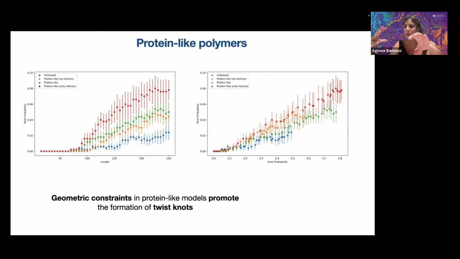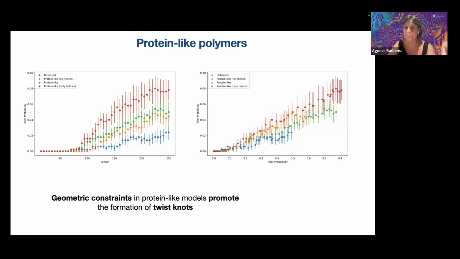We think this has to do with the fact that by adding these constraints, the configurations become spatially more confined. But even if you factor for this, as shown on the rightmost plot, the number of twist knots is still significantly higher after adding these constraints.